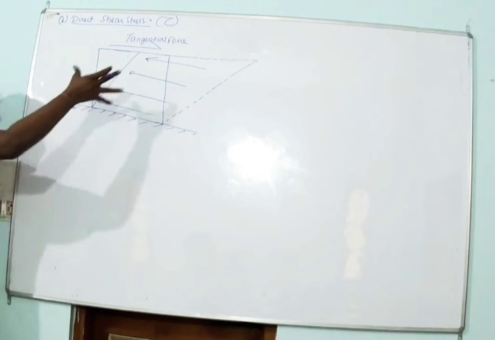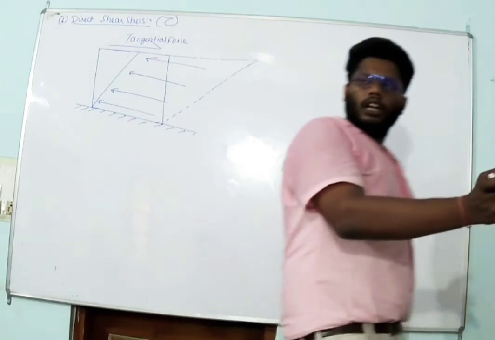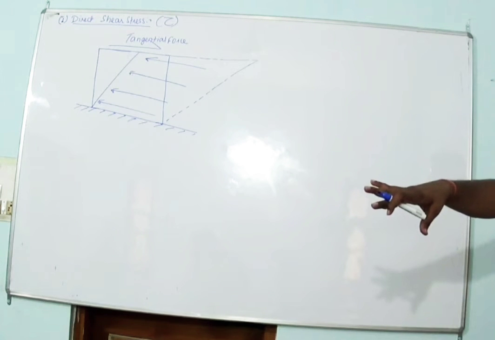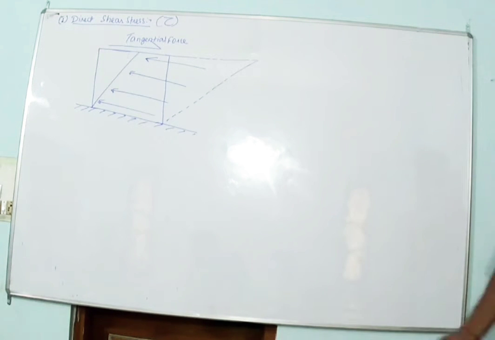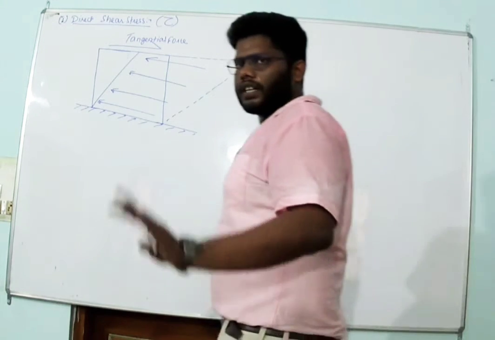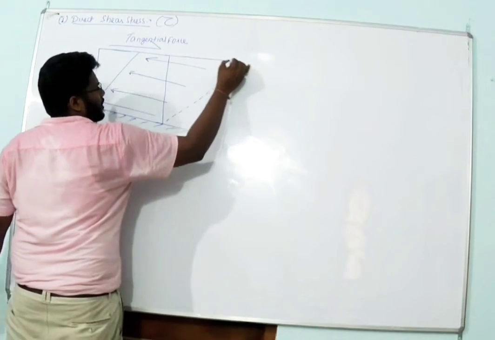Otherwise it must flow. If it did not resist, then it would be a fluid. As you are exerting a tangential force on a fluid, it will continue to deform. But here it will not deform continuously. Are you getting this? So it is resisted. Resistance means it has resisted.